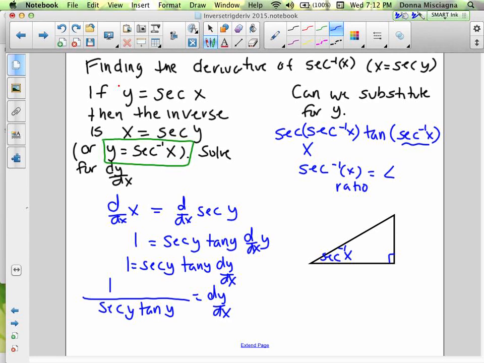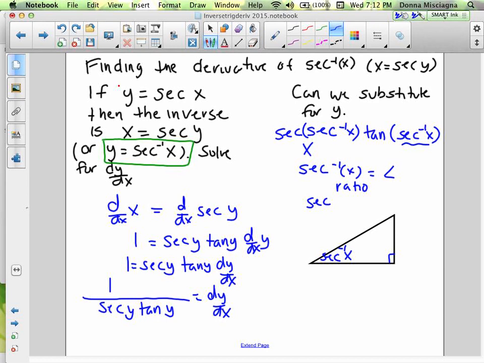So x is a ratio. What is secant? Secant is the reciprocal of cosine, so secant is the hypotenuse over the adjacent. Actually, let me not use secant x, because we've got an x already.